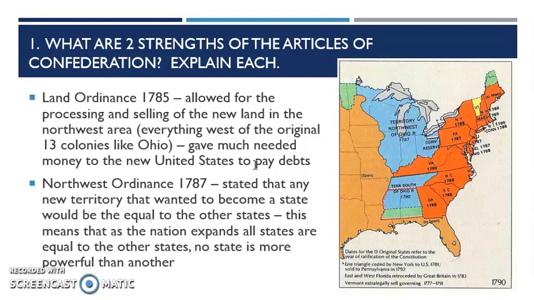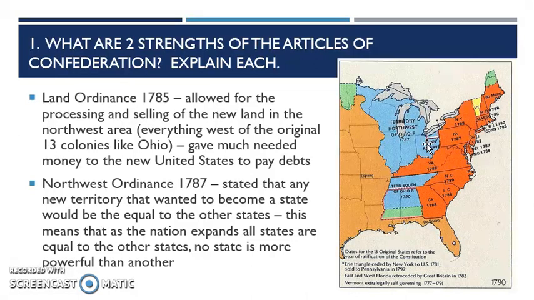The second good thing it does is the Northwest Ordinance in 1787. It stated that any new territory that wanted to become a state would be equal to the original states. So we have this prestigious 13 original states. But when this state, Tennessee, or this state over here, Ohio, when those territories want to become states, they're going to be allowed to be states, and they're going to be the same as all the other states.